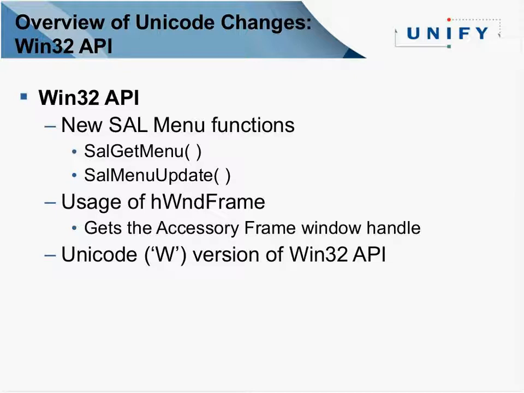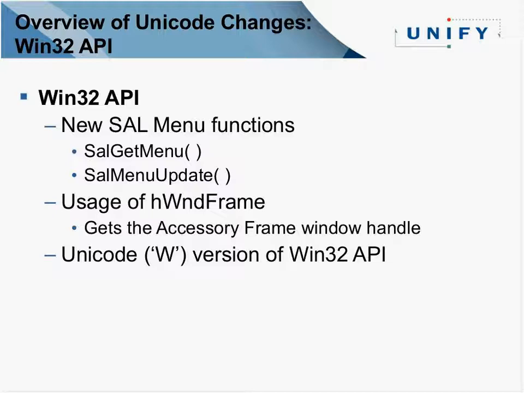We also added a new system variable called hWndFrame, and the system variable is used to get the accessory frame window handle for creating and updating those menus. In TD 5.x, there's an extra layer on top of the parent form, and we call it the accessory frame.